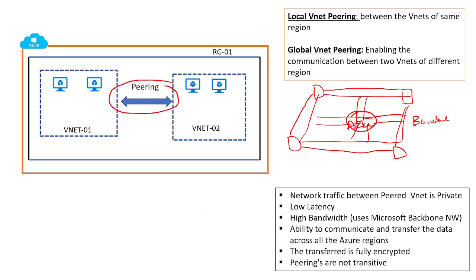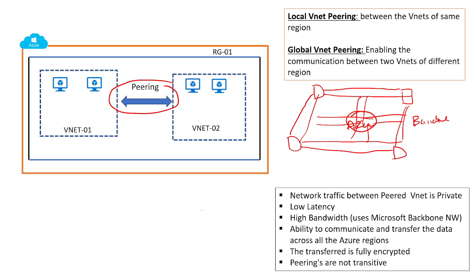That region connectivity of Microsoft we call the Microsoft backbone network. It is very strong and has huge bandwidth, and across all the regions you can have connectivity established just by doing VNet peering.